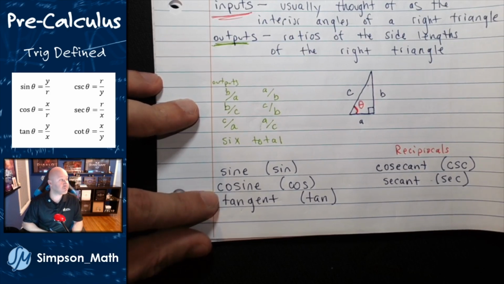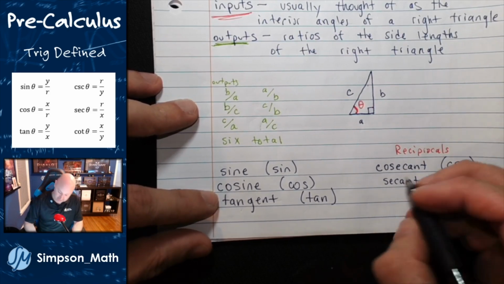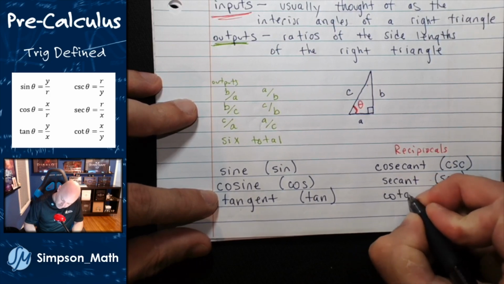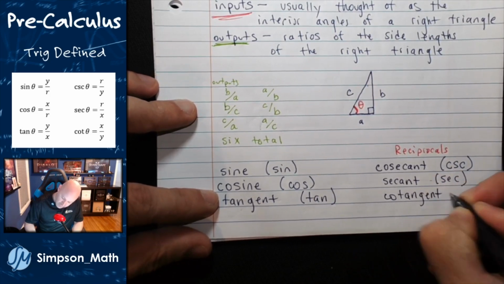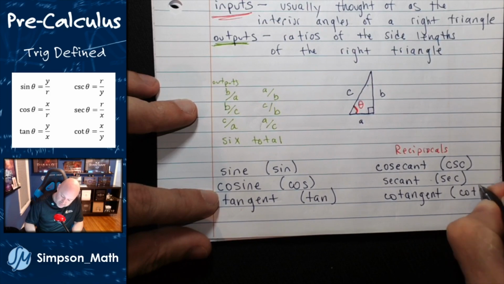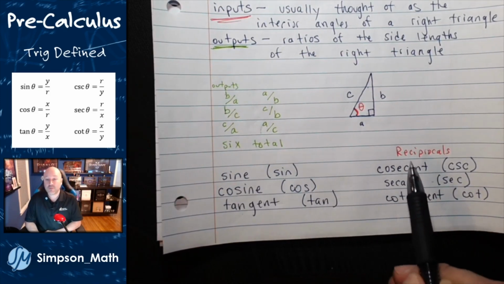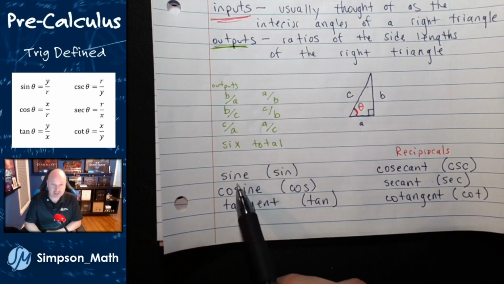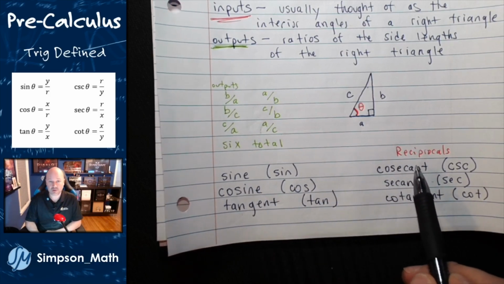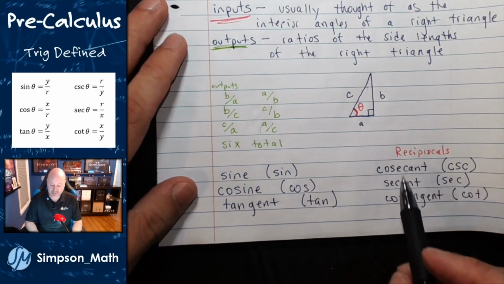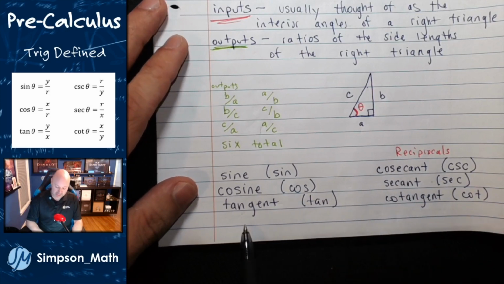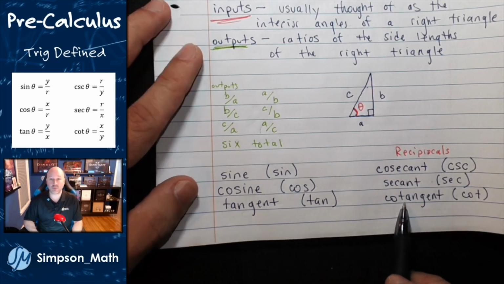And tangent has a reciprocal function called cotangent, or COT, or cot for short. Now, these are the reciprocal relationships. Sine has a cosecant reciprocal, cosine has a secant reciprocal, and tangent and cotangent are reciprocals.